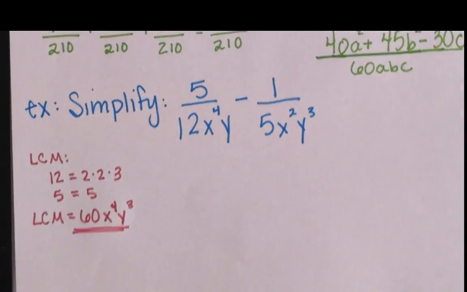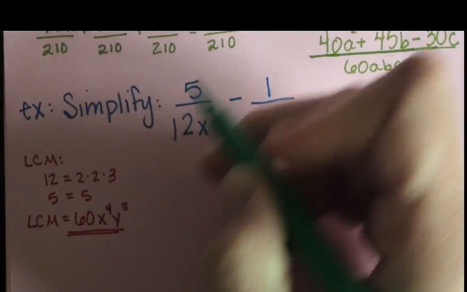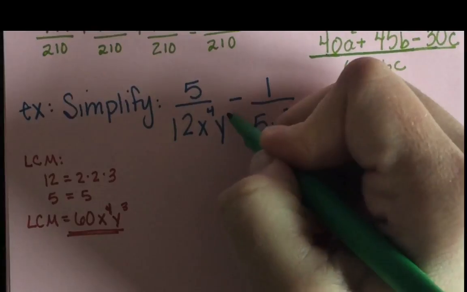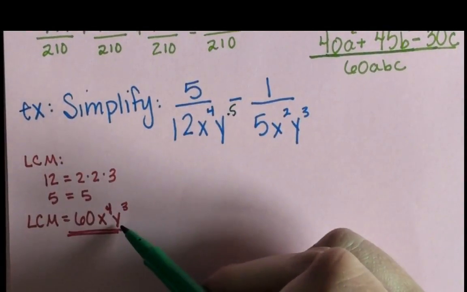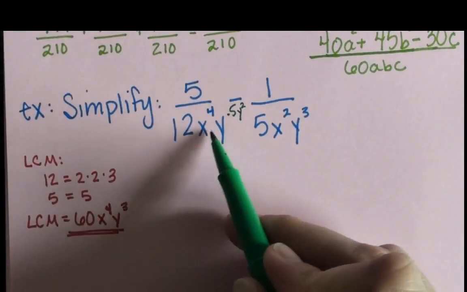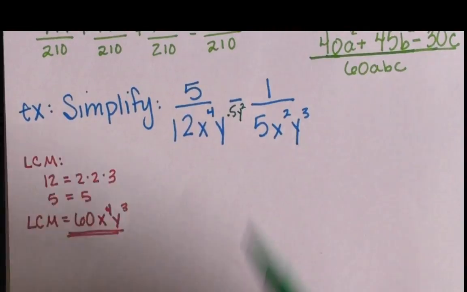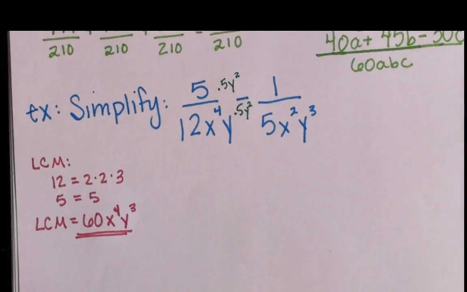So to make 12 into 60, I'm going to multiply this on the bottom by 5. I already have x to the 4th, but I need y cubed, which means 2 more y's are needed to make y cubed. And what I multiply the bottom by, I've got to multiply the top by.